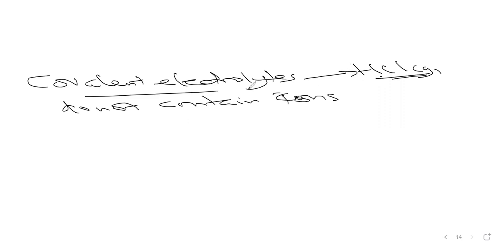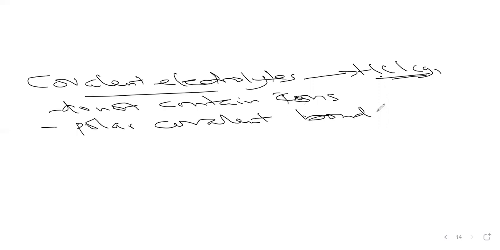Now, such electrolytes have something in common. They have polar covalent bonds, in a way that one atom is more electronegative than the other atom in the compound. For example, chlorine is more electronegative than hydrogen.